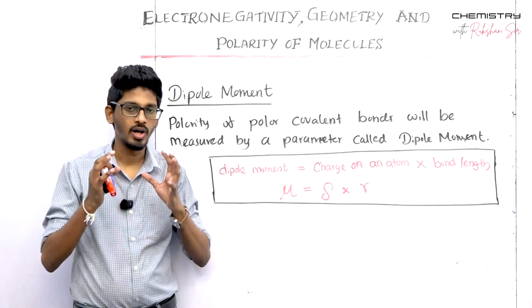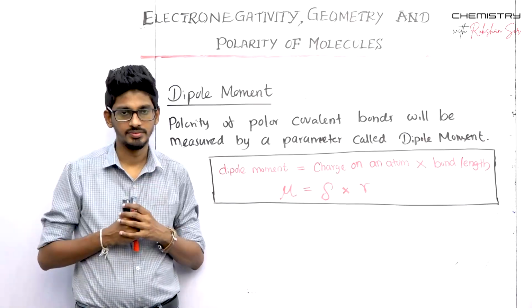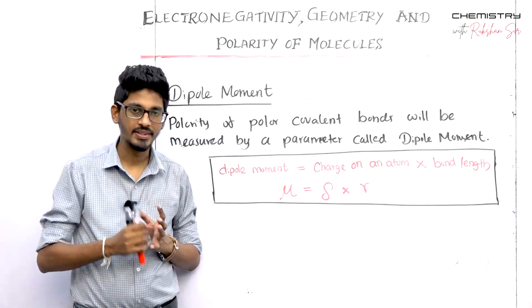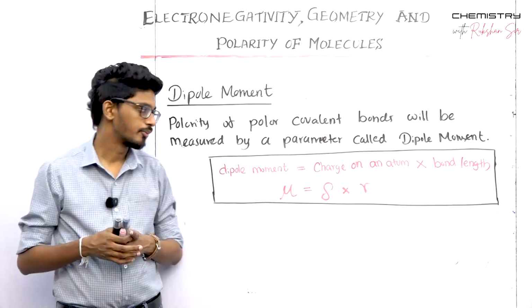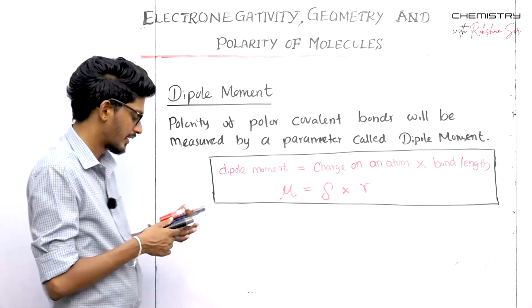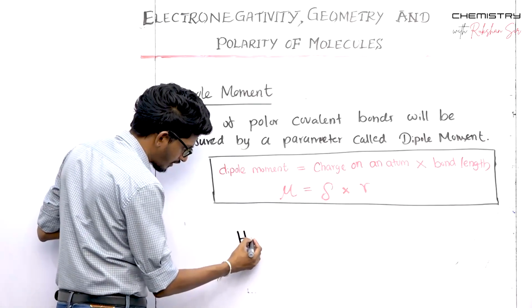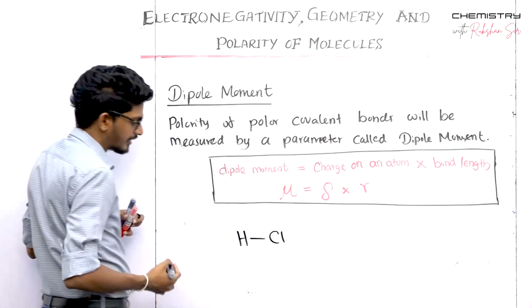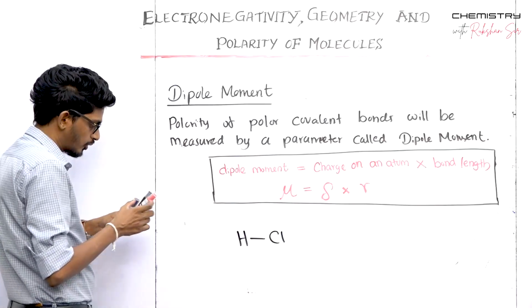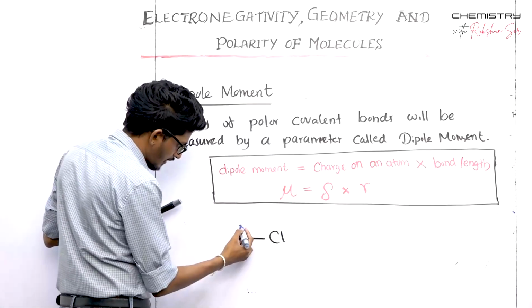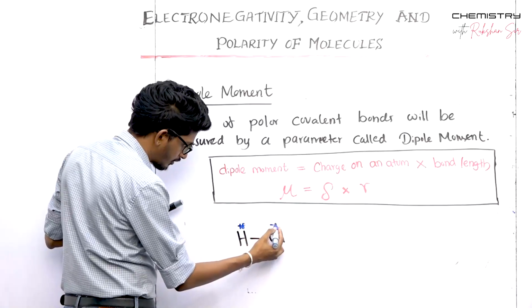Then how do we get the direction? Let's discuss the direction of the dipole moment. It is very simple. If you take the HCl bond, you have a positive terminal and a negative terminal.